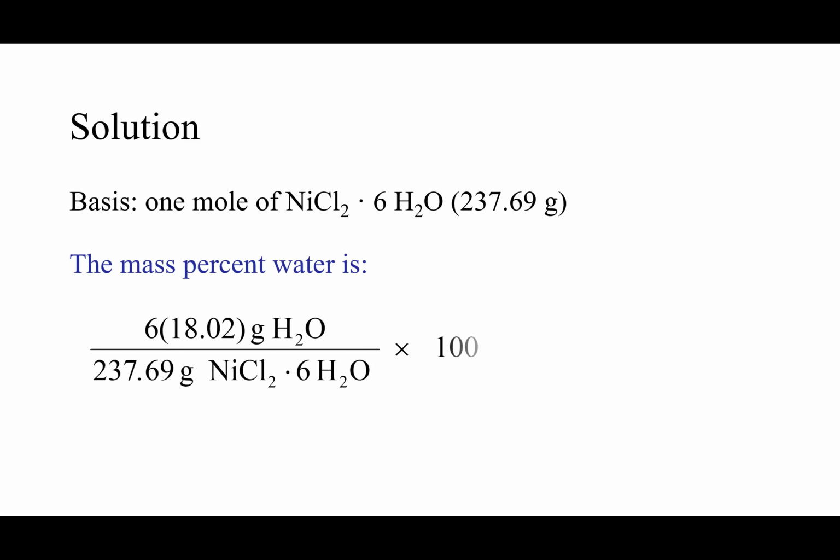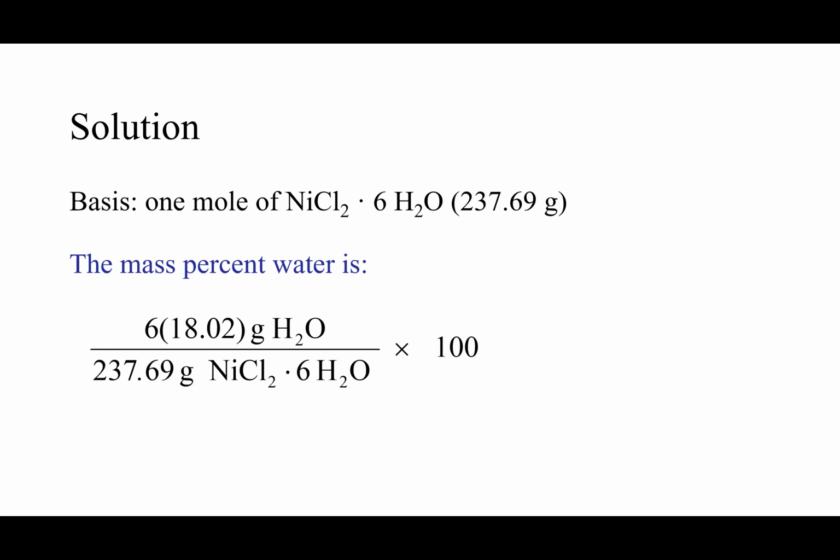So we could come up with, in general, and I think this is actually one of your first homework problems, if we want to know what the mass percent of water is in this hydrated salt, we do what we know about coming up with mass percents.